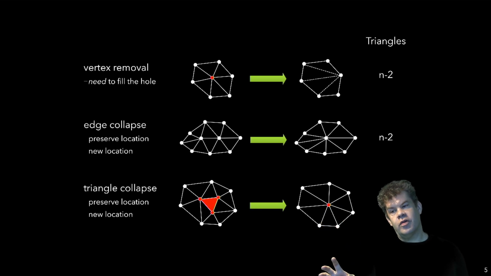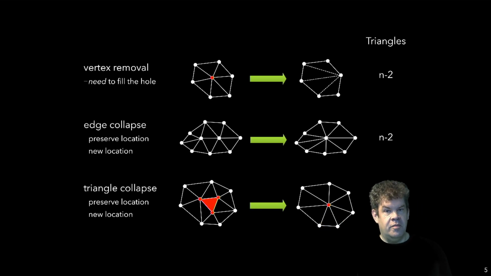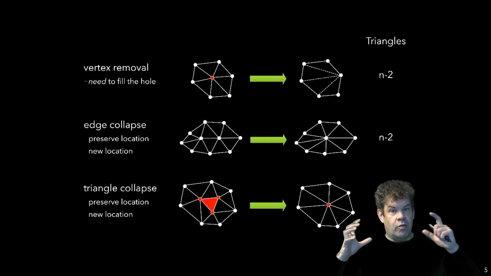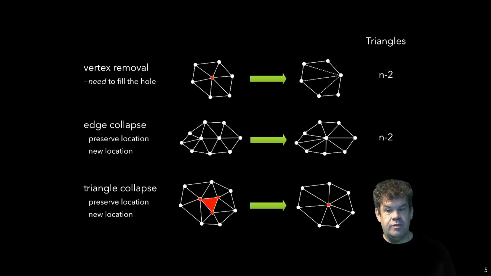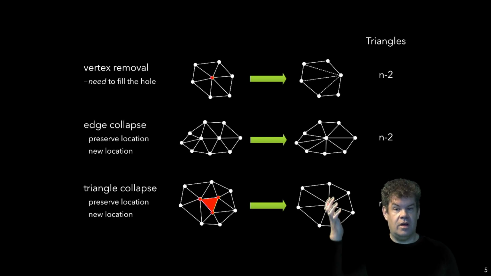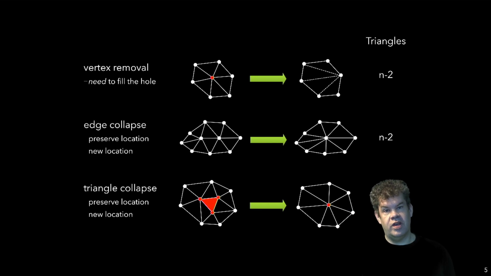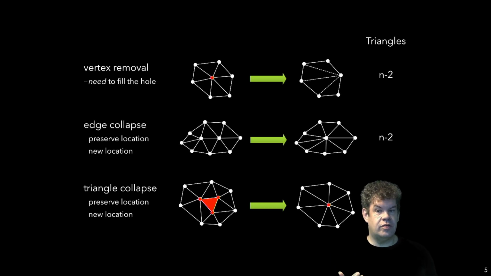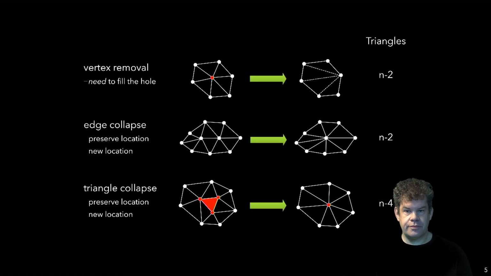Of course, we don't want to introduce holes in the structure, so we have to re-triangulate the remaining triangles. Here's an example: we could choose one of the adjacent vertices and connect all the others to that vertex, creating new triangles in the process. So that's one thing that we could do.